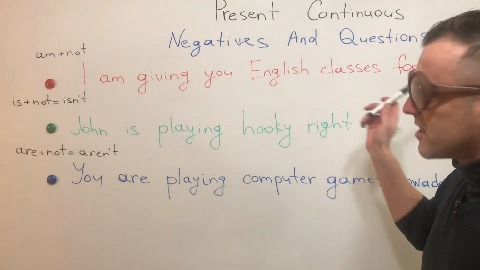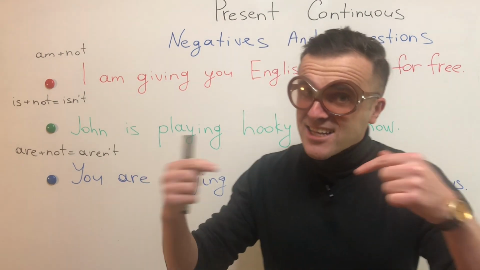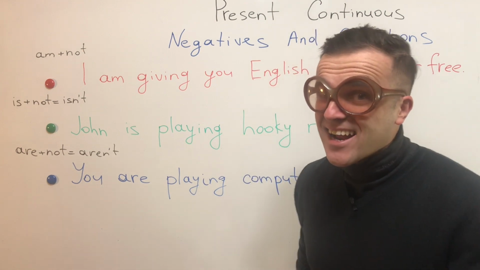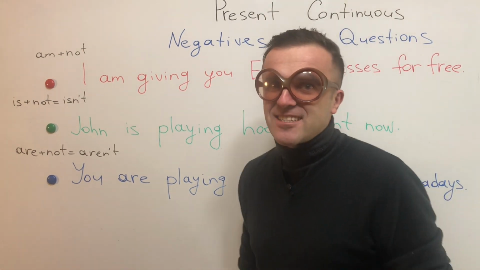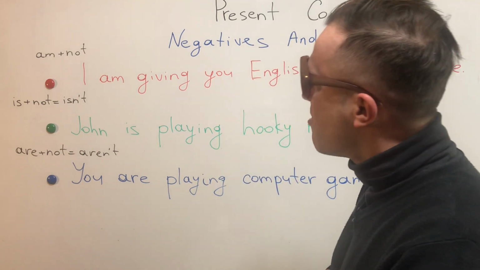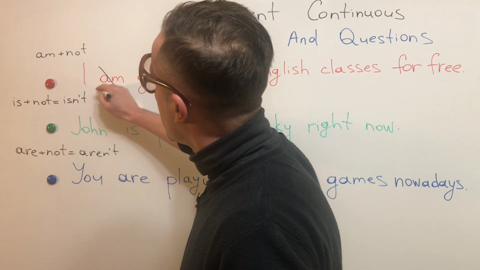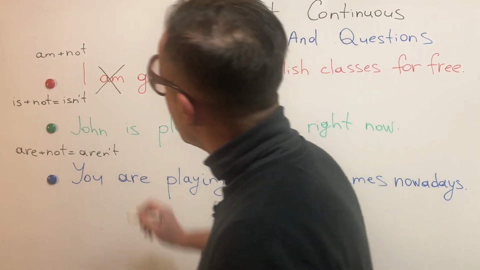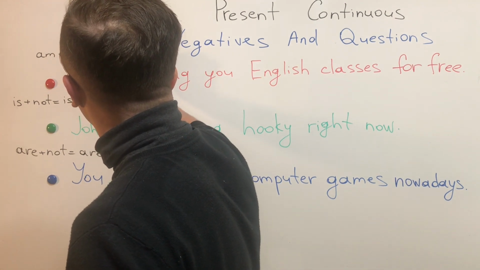So guys, let's move on to some examples. I'm giving you English classes for free. You know about that, yes? But as you know, I'm an angry teacher and I can say that I'm not giving you English classes for free, okay? So now we have to cross out the verb am and write down am not.